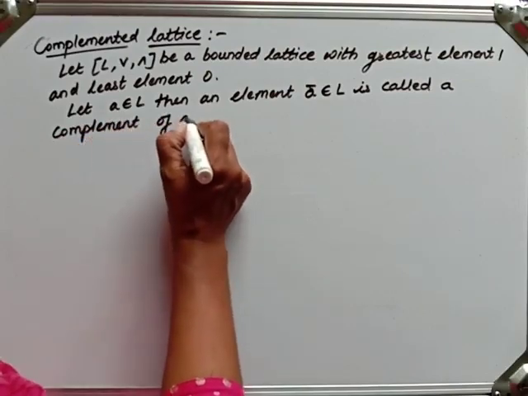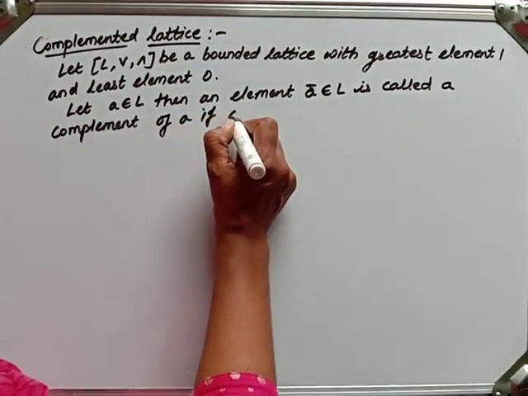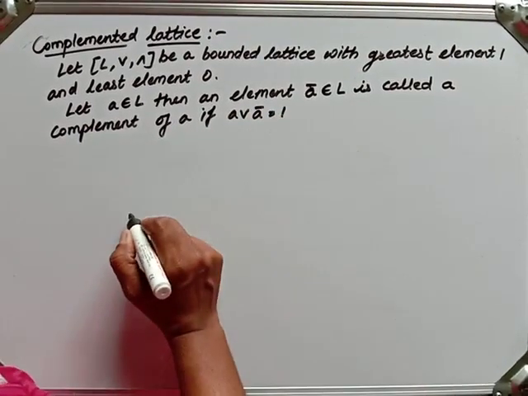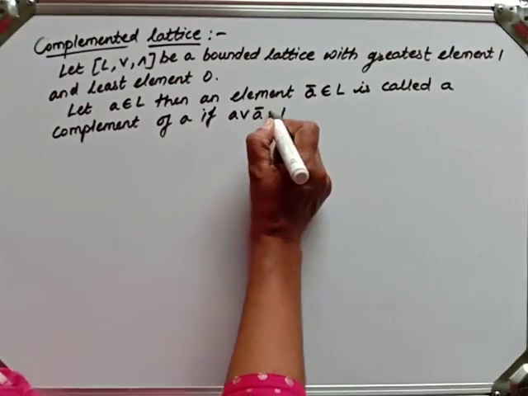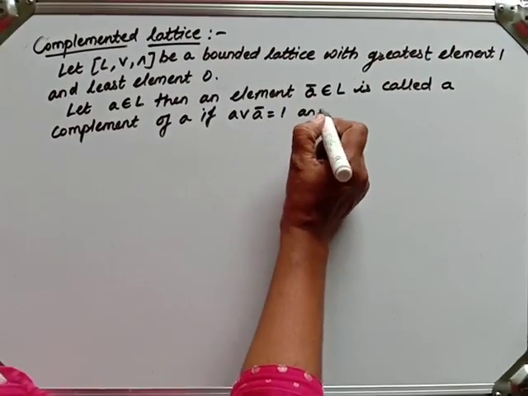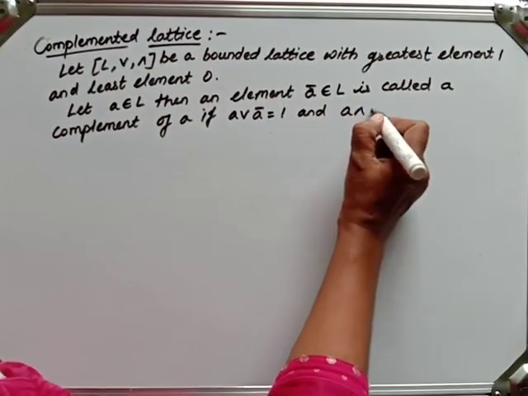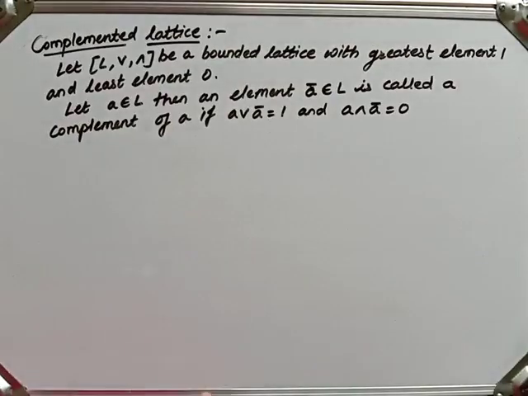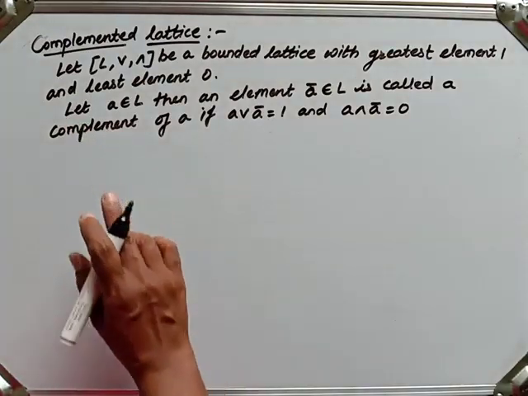If A join A bar is equal to 1, meaning the greatest element, and A meet A bar will be the least element, then that element is known as a complement of the given element.